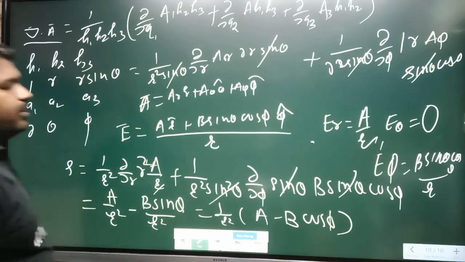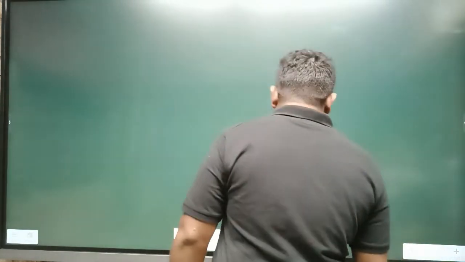Next, potential. Electrostatic is a conservative system.